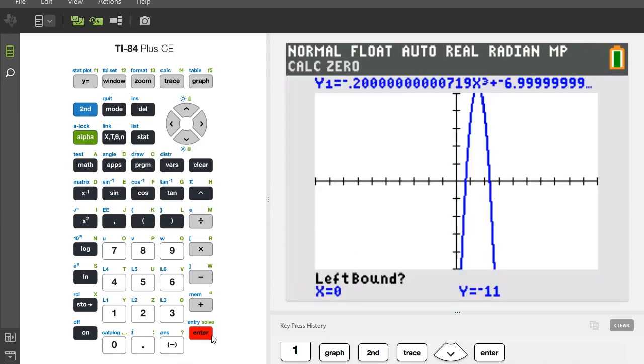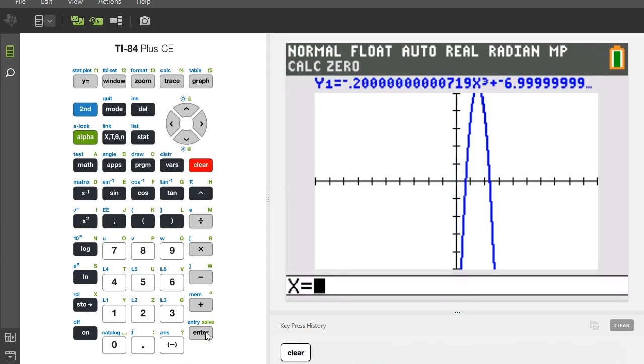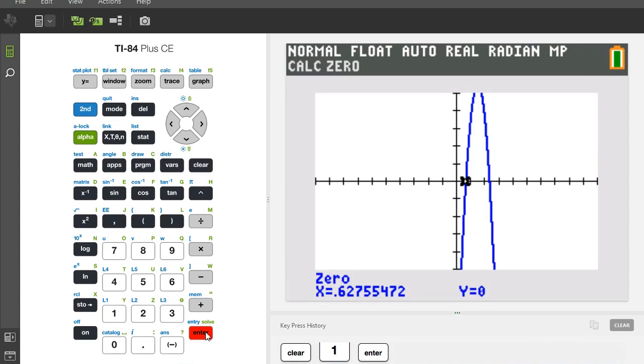Oh no, my fault. So I bound it between 0 and 1, and I find a 0 at 0.627 or 0.628. So that means that the function is negative from negative 37.938 until 0.628.